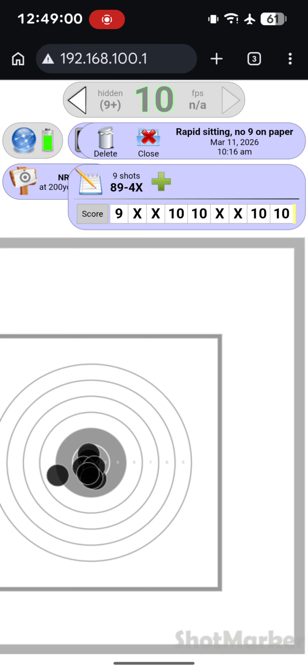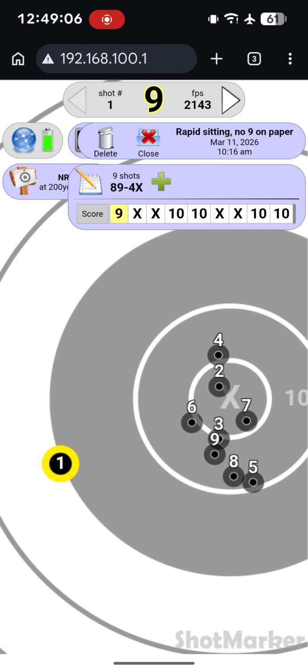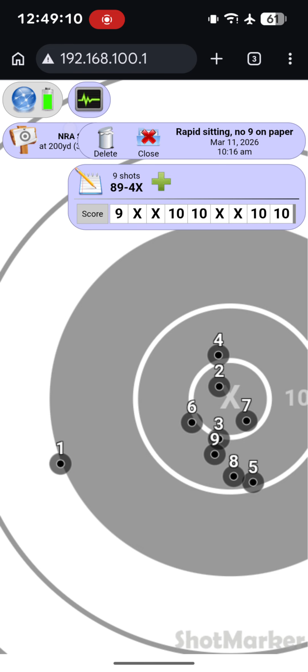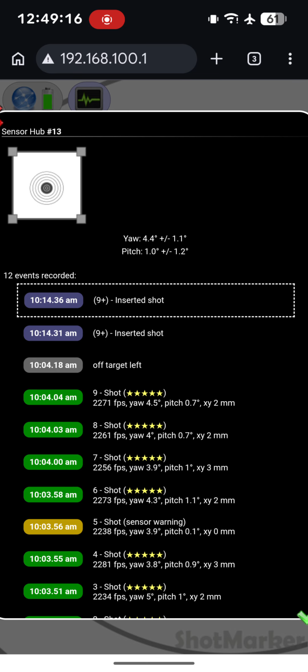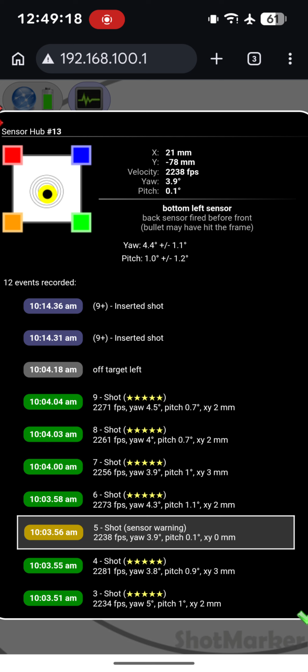And last one. So rapid sitting, no 9 found on paper. There's a 9 out here, and no 9 was found on paper. So if I look at the sensor hub, here's the shot, and there is a sensor warning here that says that something went wrong with one of the left sensors.